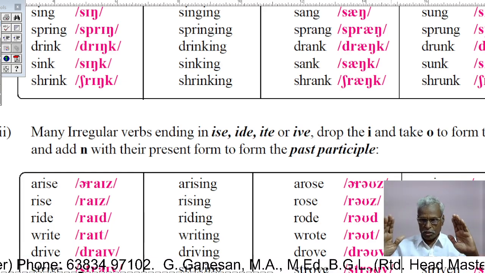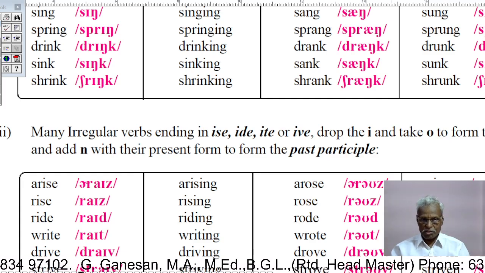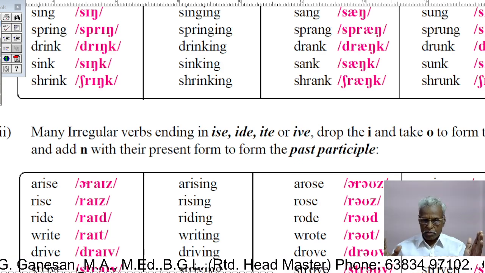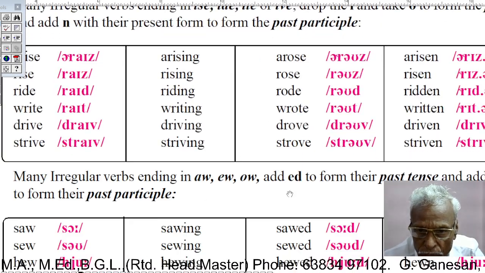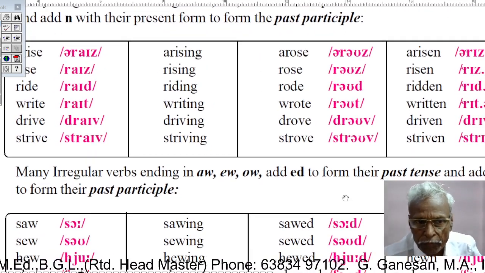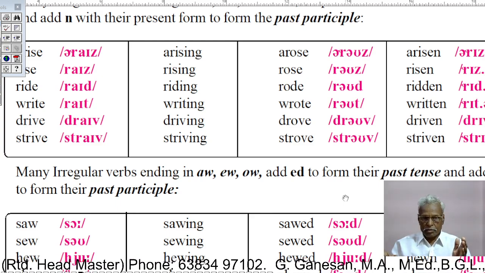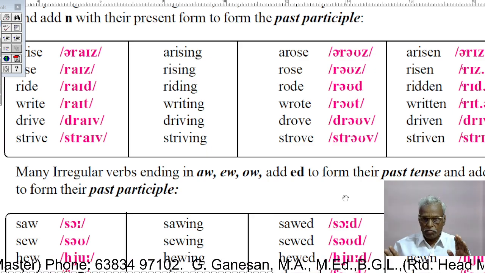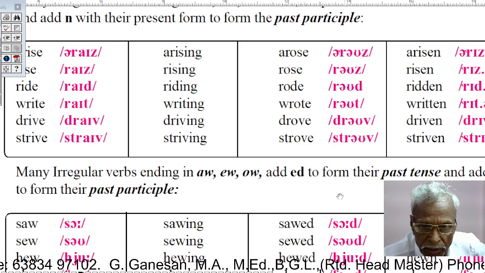Arise, arose, arisen, three syllables. Ride, rode, ridden. Drive, drove, driven. Strive, strove, striven.